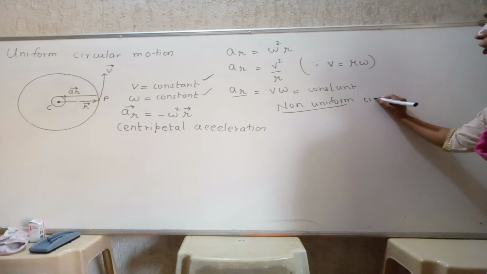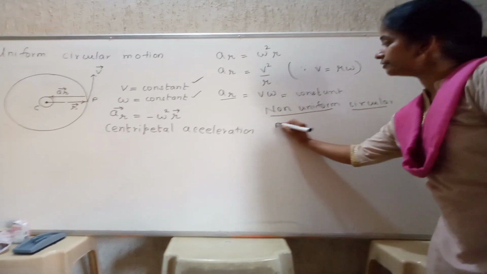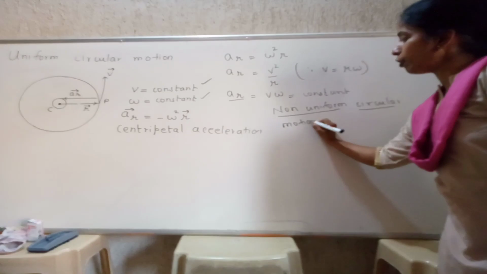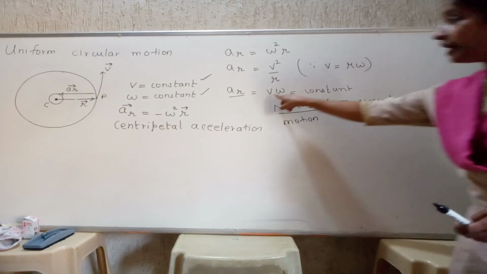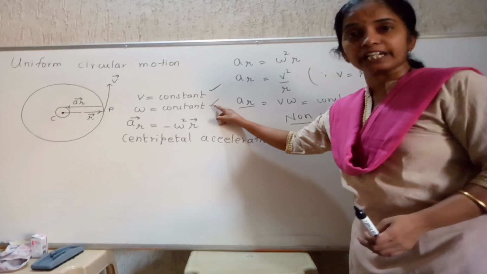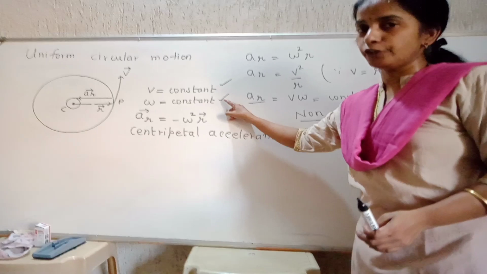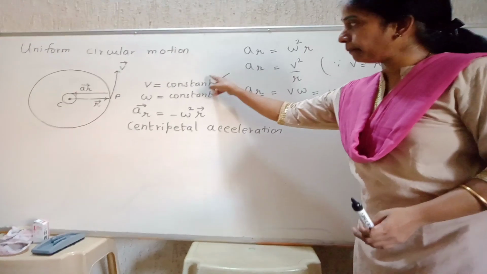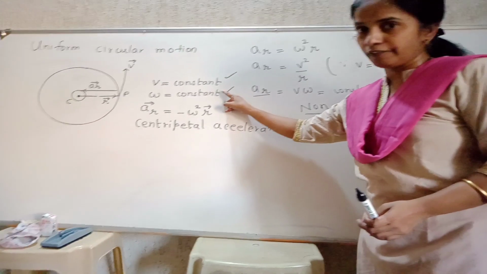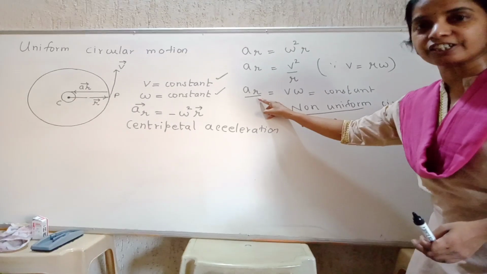What is non-uniform circular motion? Concentrate. If the speed or the angular velocity changes, then it is called non-uniform circular motion. If the speed changes, angular velocity changes, and radial acceleration changes.